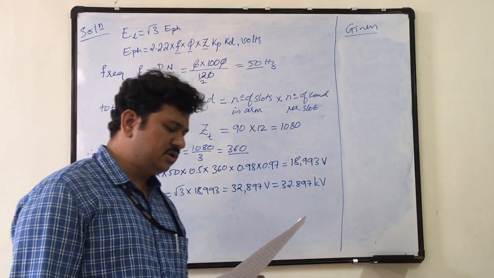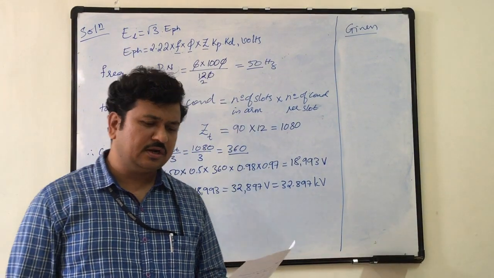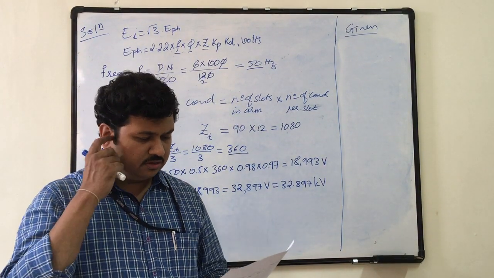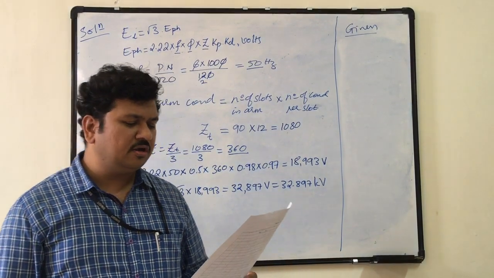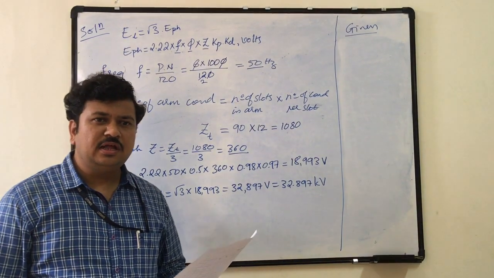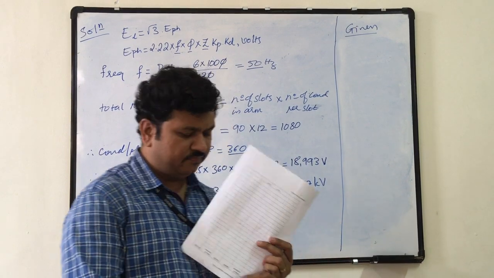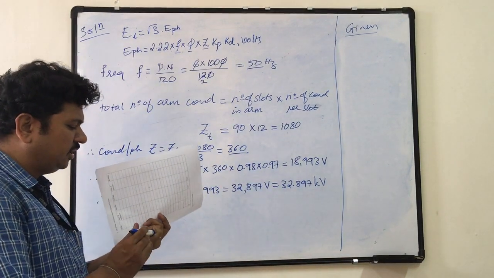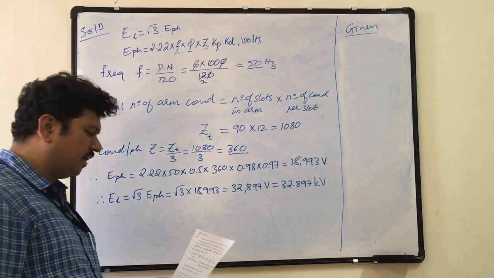Also determine the kVA rating of the alternator or generator if the line current delivered by it is 25 amperes.